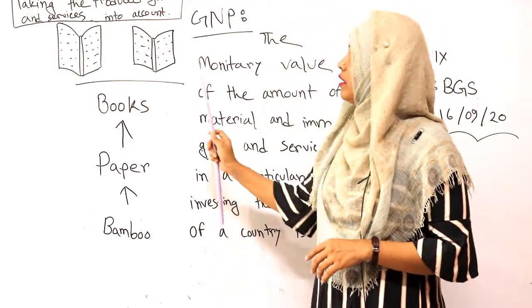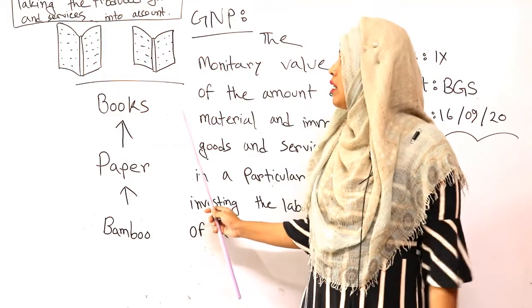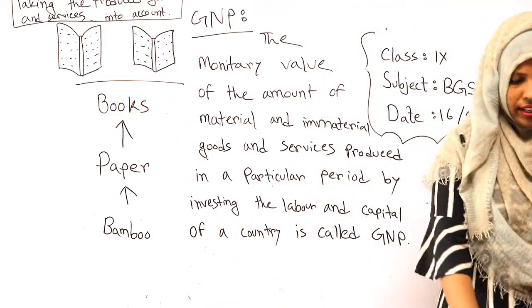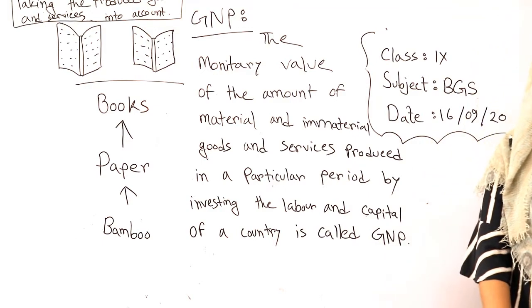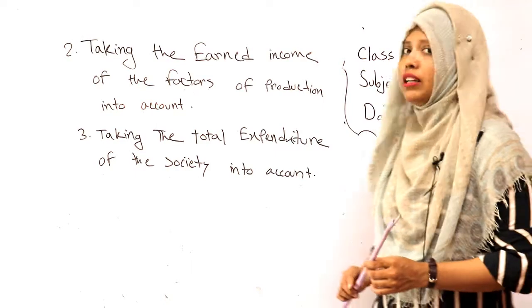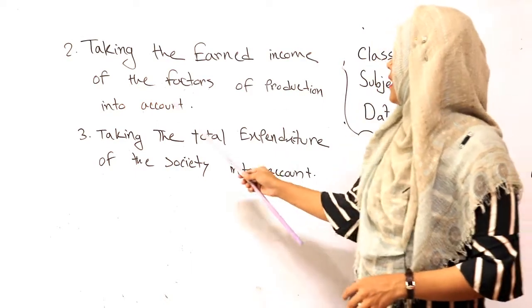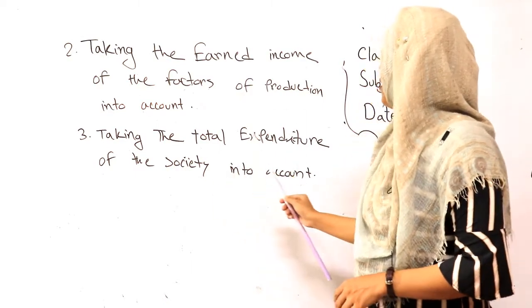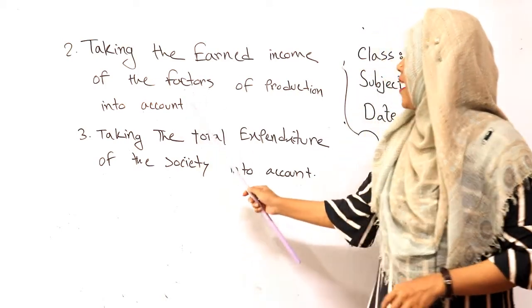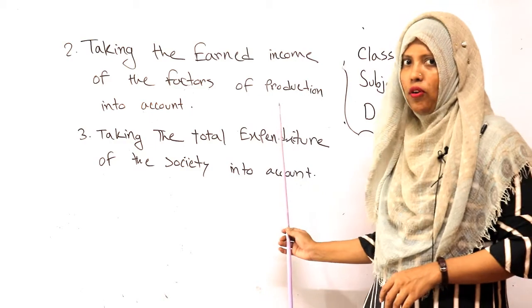This is one way of measuring the GNP. The second one is taking the earned income of the factors of production into account. Here the factors of production are the main focus.